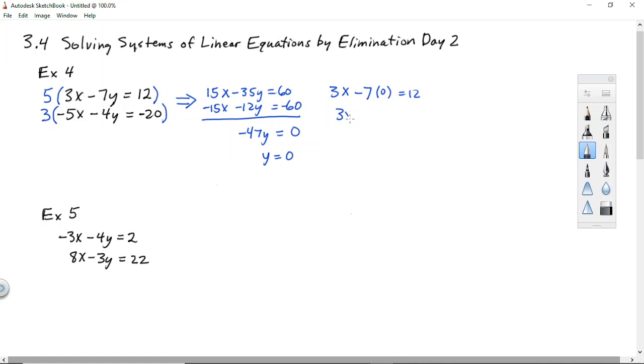So that's 3x minus 7 times 0, which is 0, so minus 0, which we don't need to write down. 3x equals 12. Divide both sides by 3, you get x equals 4. So we have both of our coordinates now. We write the ordered pair, 4, because x is 4, 0. Okay, that's it.